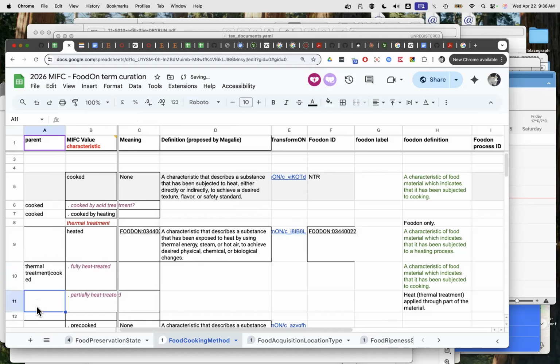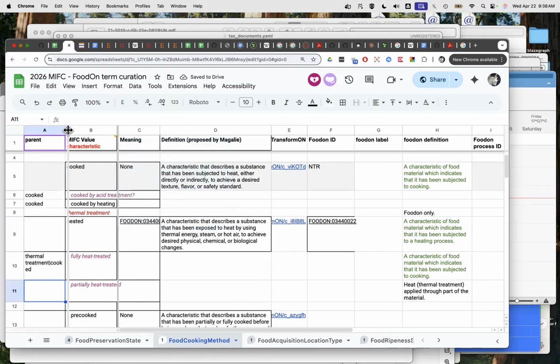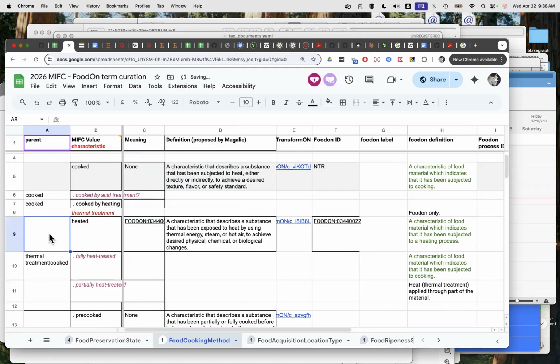I guess not. So you mean thermally treated, or thermal treatment? Right. This is an adjective still in the parent.